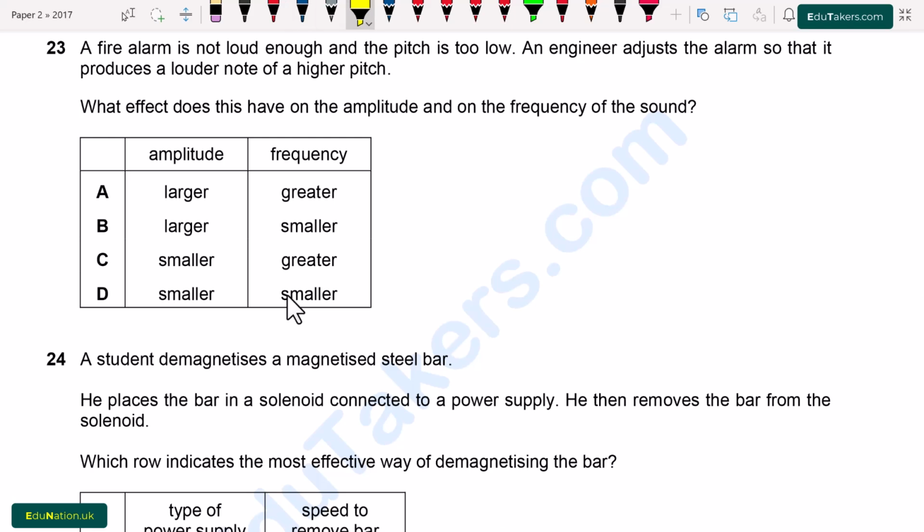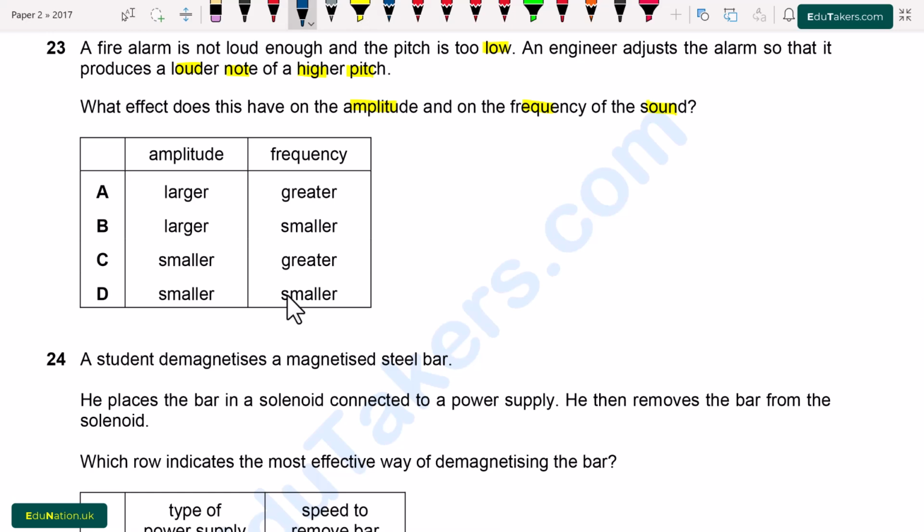A fire alarm is not loud enough and the pitch is too low. An engineer adjusts the alarm so that it produces a louder note of higher pitch. What effect does this have on the amplitude and on the frequency of the sound? So what will be the effect on the amplitude and frequency, by increasing the pitch and also making the note louder?